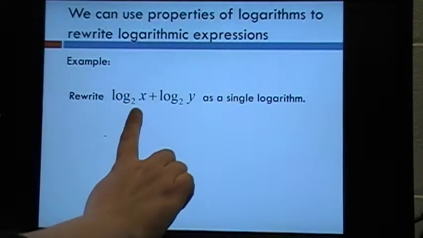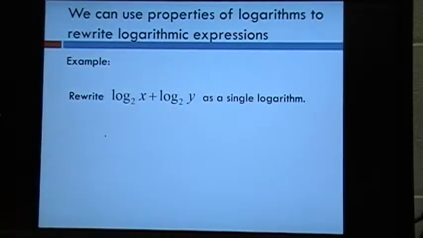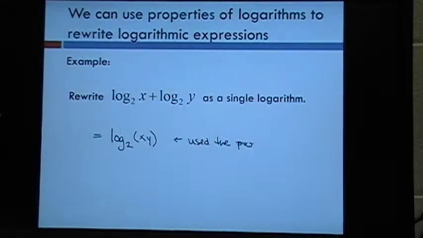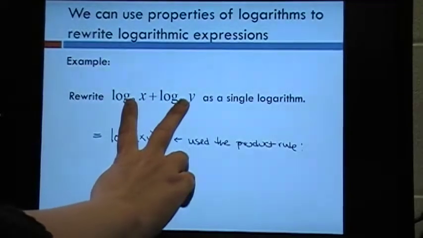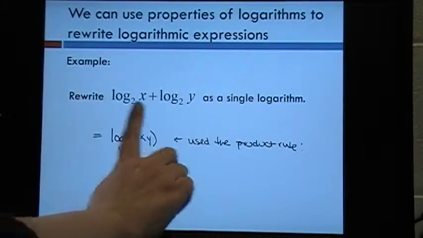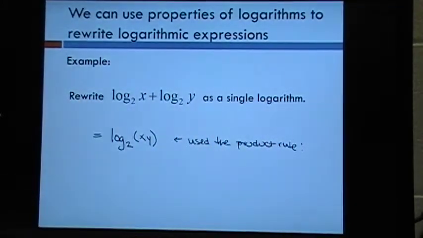So, log base 2 of x plus log base 2 of y, according to the product rule, is the same as log base 2 of x times y. And so what we've taken is this expression involving two logs, and we've rewritten it as a single logarithm. So that's what it means, just a single logarithmic term.